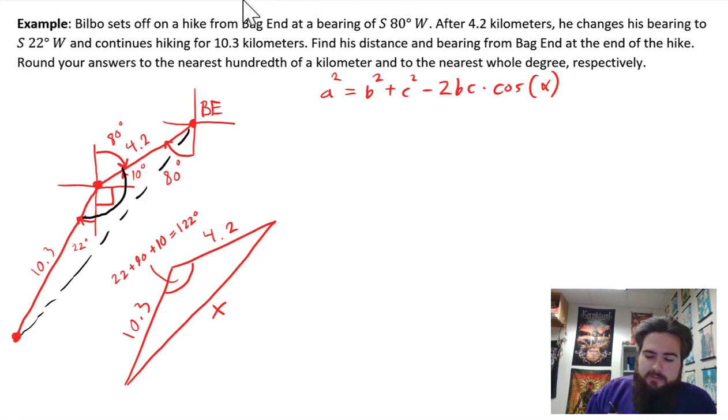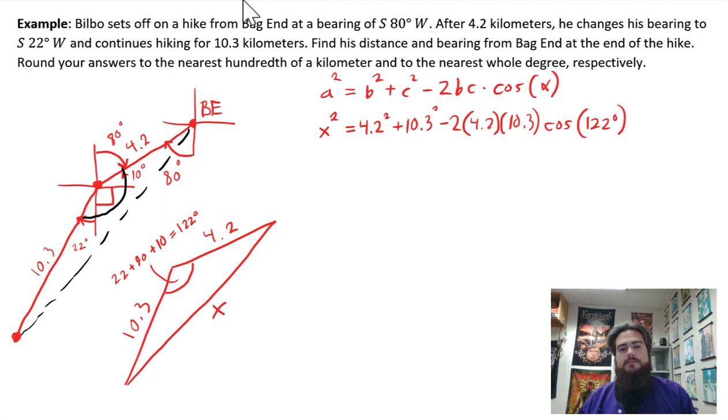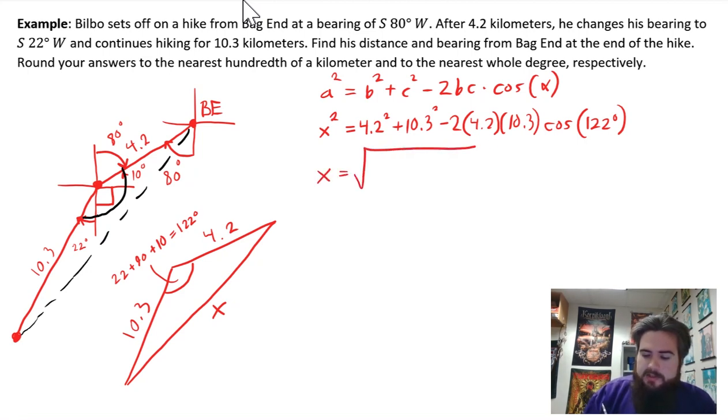The side length I'll be solving for is x, so that's x squared is equal to the other two side lengths squared, 4.2 and 10.3, minus 2 times 4.2 and 10.3, and also times cosine of the angle measure across from the side length that we're solving for, so that would be our 122 degrees. At this point, I only need to do a square root in order to get the final solution here. So x equals the square root of the information above.